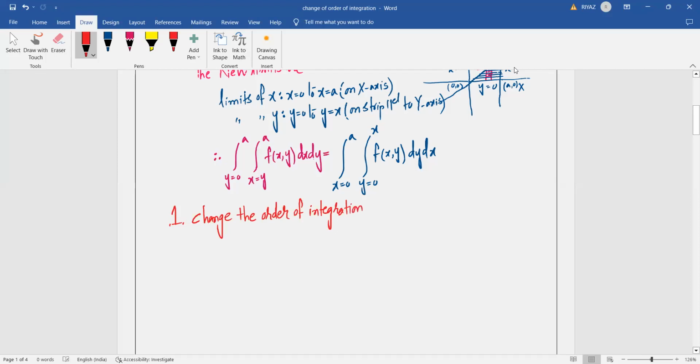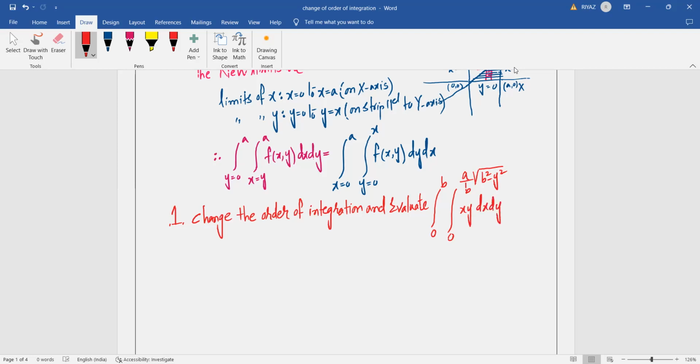Change of order of integration and evaluate. The problem is the integral from 0 to b, integral from 0 to a by b root of b square minus y square, of xy, with dx and dy.